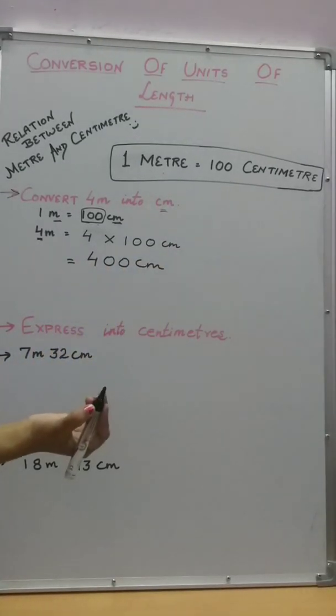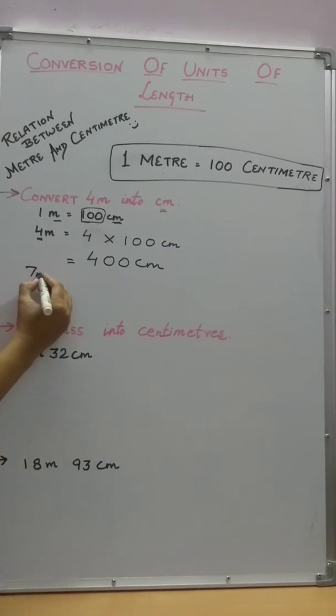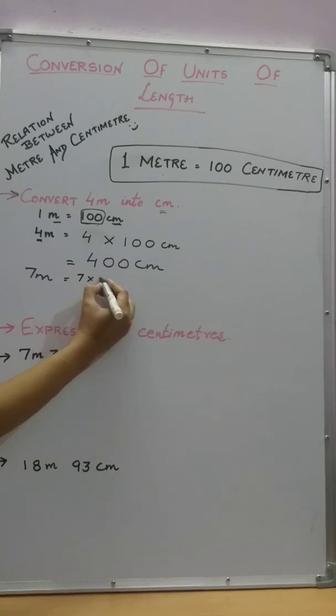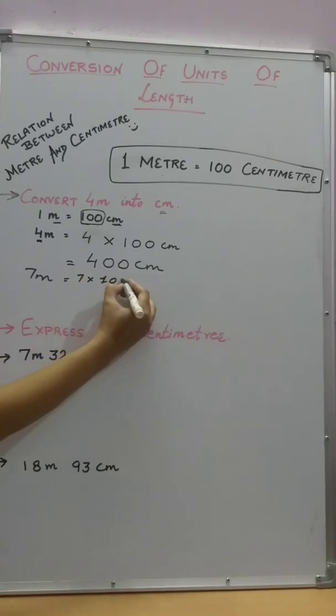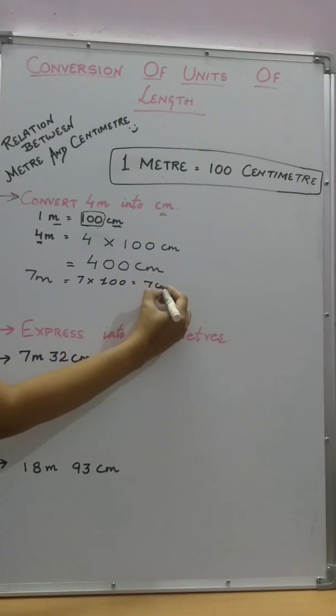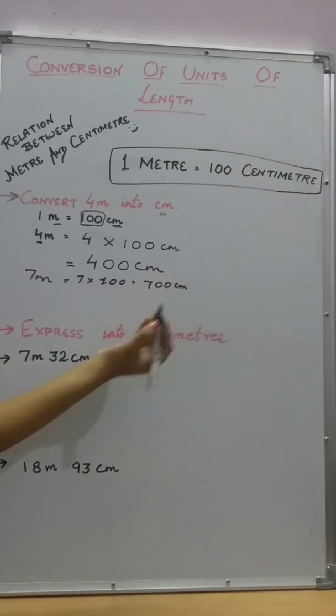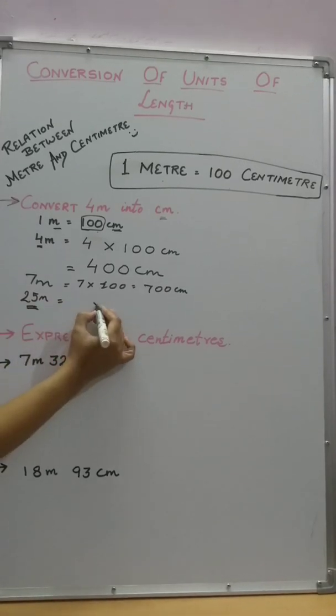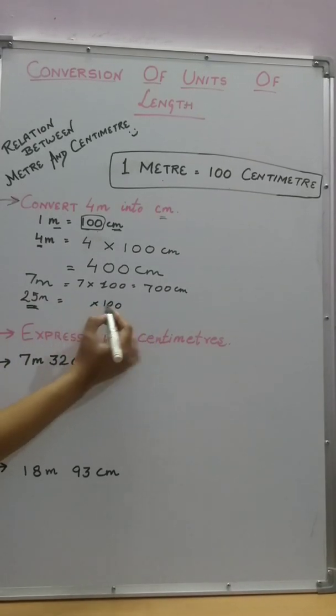centimeter. If we have to convert 7 meter, it will be 7 multiply 100. So 700. If it is 25, then 25 multiply 100.